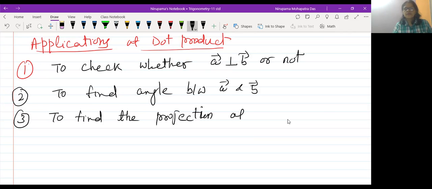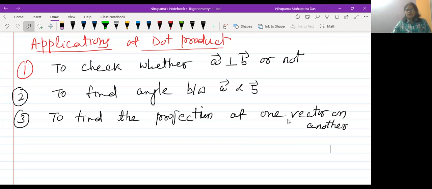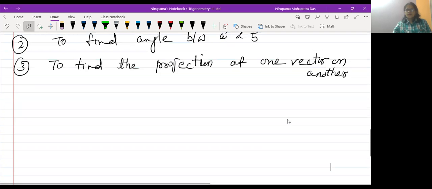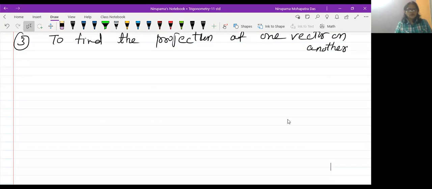Projection of one vector on another, so it means projection of A on B or B on A. Let me explain this projection part. This is one of the important concepts. You can expect questions from this portion in the board exam.